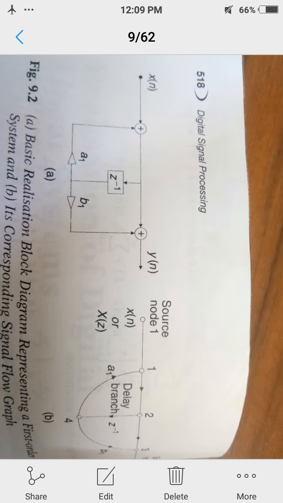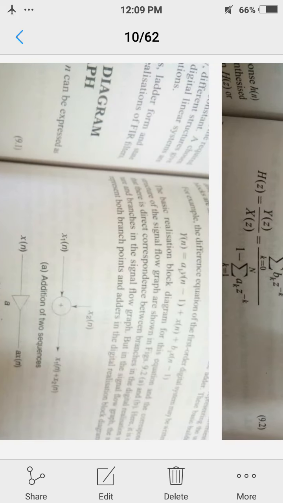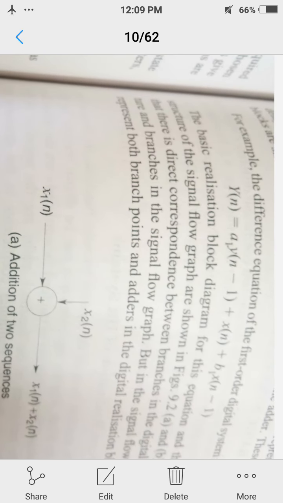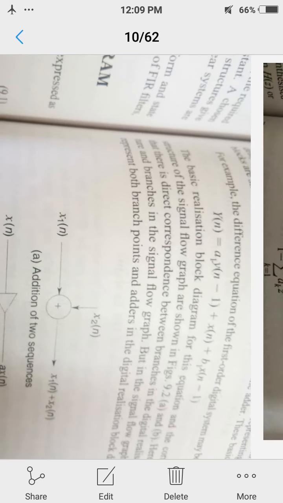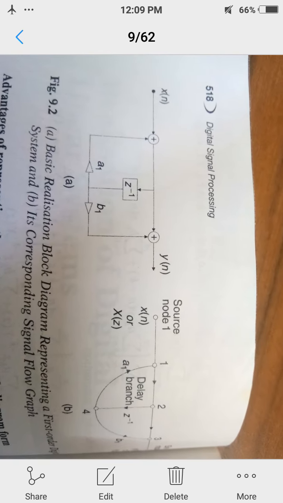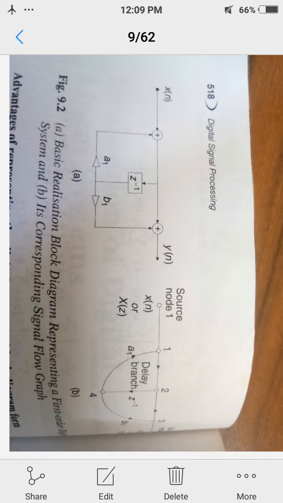And the equation we have just discussed, y[n] = a1 y[n-1] + x[n] + b1 x[n-1], for this the block diagram, the basic realization block diagram for the first order system and its corresponding signal flow graph, we have drawn both.